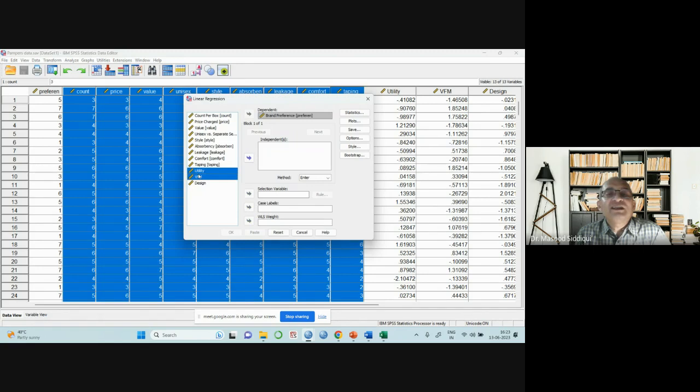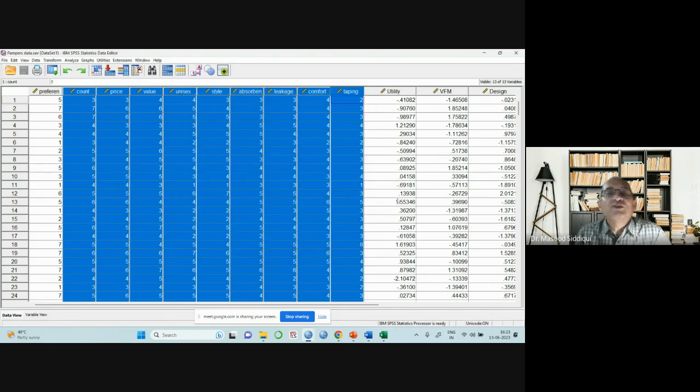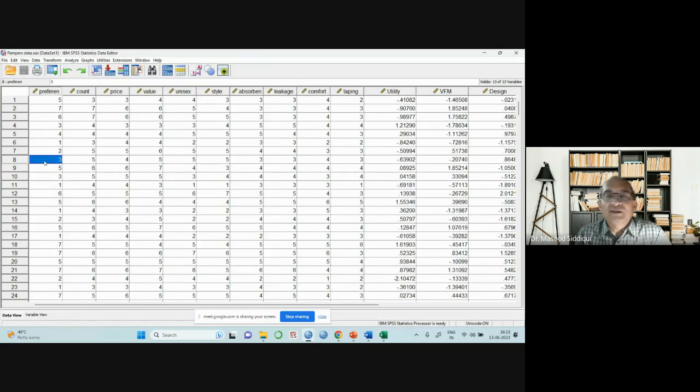Right? So here we include them in the linear regression and we run the regression analysis. So we will be having a solution which is not showing multicollinearity. Right? So hopefully I have answered what was asked. Right? So this is all about it.